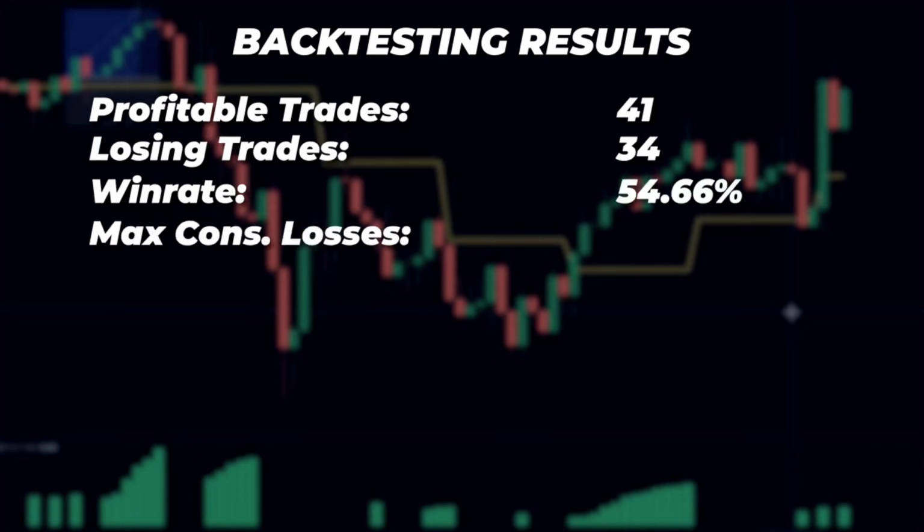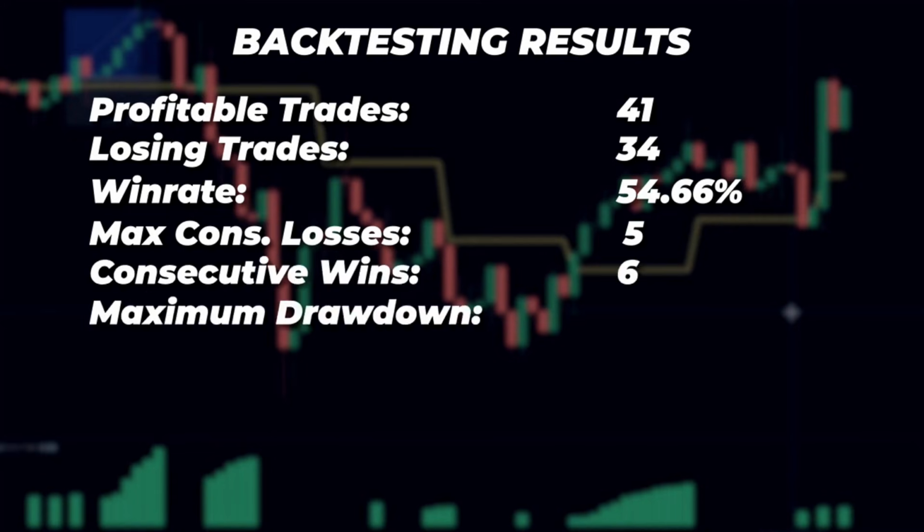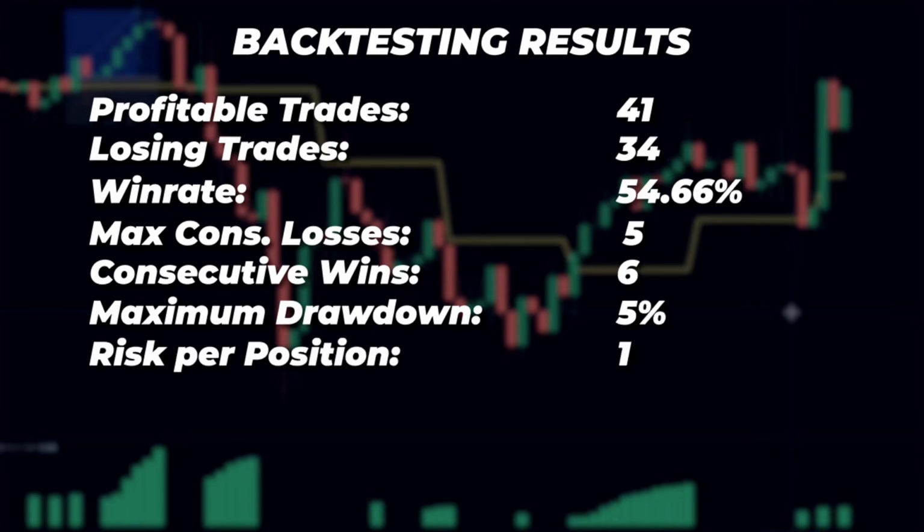The worst losing streak consisted of 5 consecutive losses, but there was also a streak of 6 consecutive wins. The maximum drawdown from closed trades was 5% based on risking 1% per trade, meaning we risked 1% of the account to aim for 1.5% profit per trade.